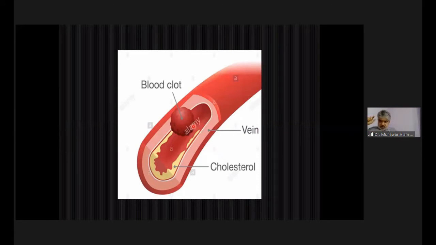The only way to prevent this myocardial infarction is to prevent the formation of this clot. The first initial step in the formation of this clot is the aggregation of platelets.